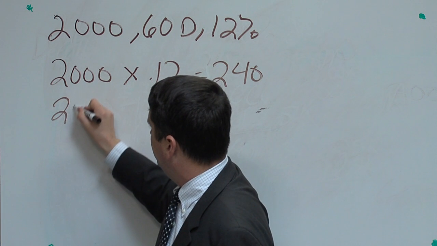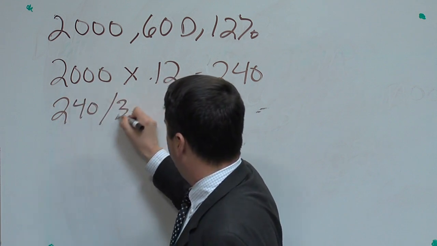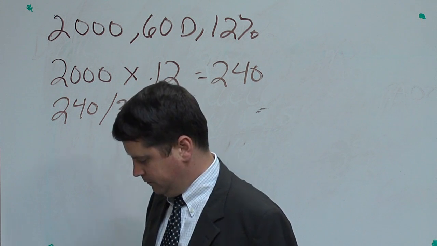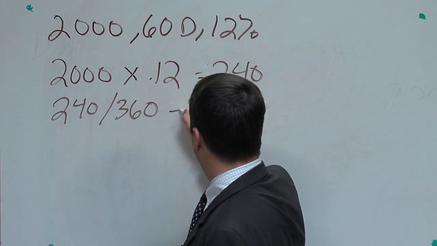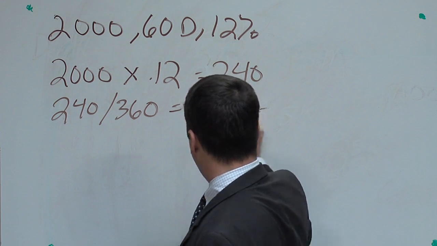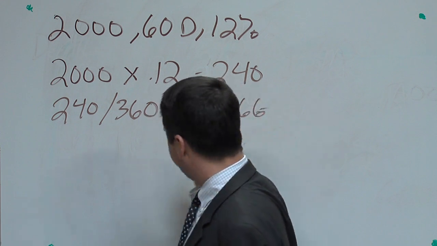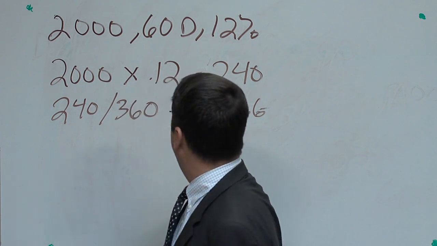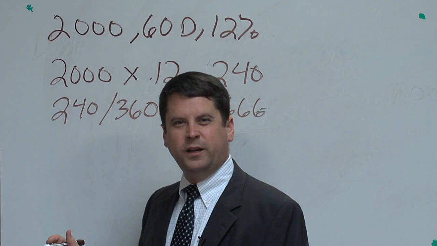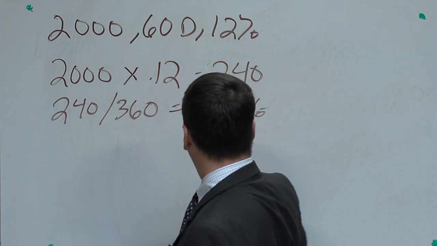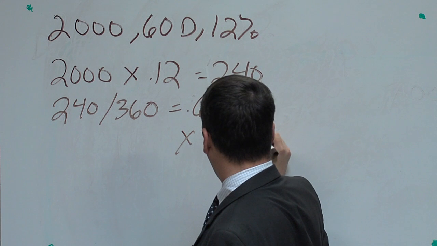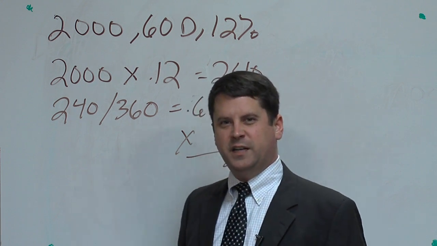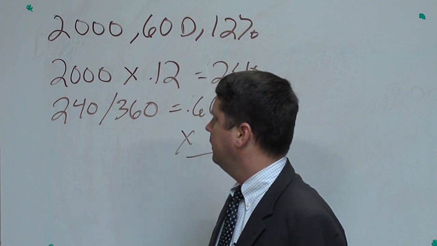I then divide 240 by 360 to give me the daily amount of interest, which is 0.666666, etc. And then I multiply that by 60 days. Gives me $40. So that times 60 equals $40. That's how you find out how much interest is going to be owed at the end of the note.